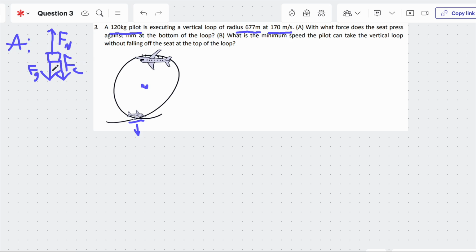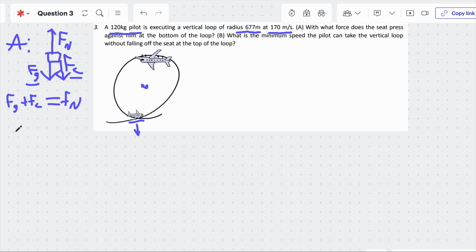In this case, we can see our force of gravity and our centripetal force are pulling down. Normal force is the only thing pulling up. So our normal force is going to be the force of gravity plus the centripetal force.